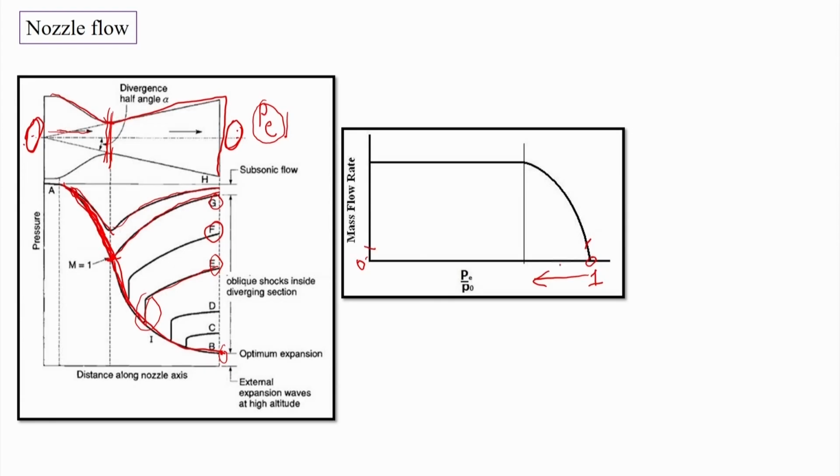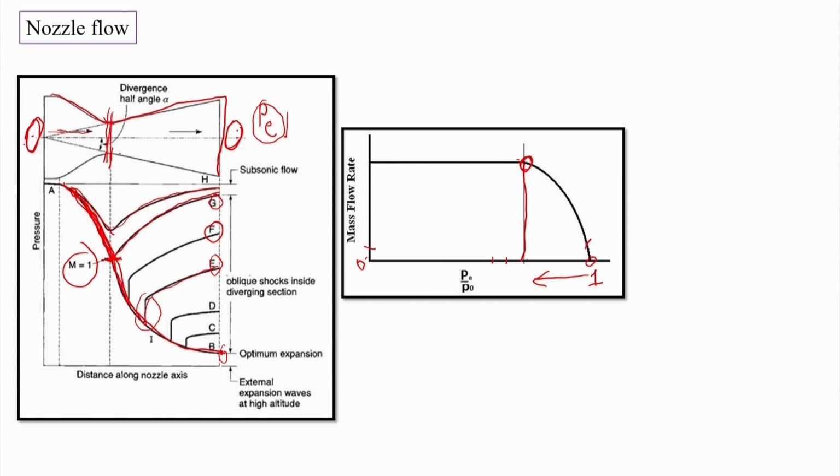As we continuously decrease the exit pressure, we continuously increase the mass flow rate, but this increase takes place only till a critical value, when the minimum cross section reaches Mach 1. Once the minimum cross section reaches Mach 1 and the subsonic part acts as a nozzle, any further decrease in exit pressure will not change the mass flow rate through the nozzle.